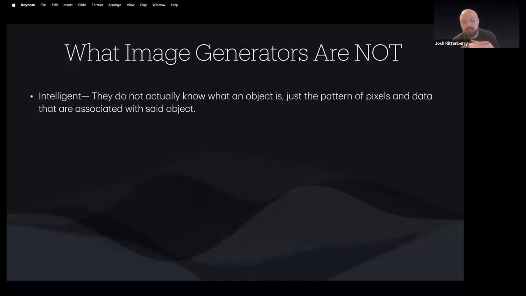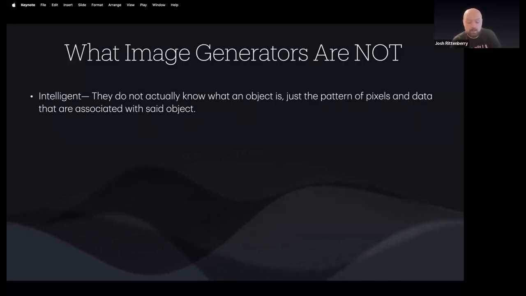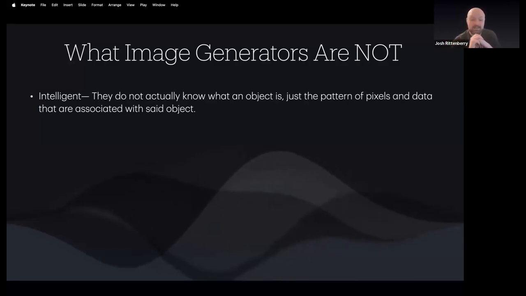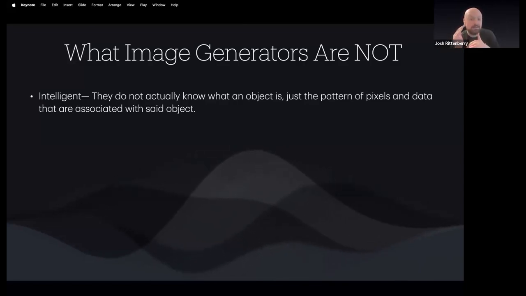They're not intelligent. And the way I say that is, if we see a picture of a cat, we know, hey, this is a cat. This is what a cat looks like. Whenever the models are fed that picture, and they will see the text on it says it's a cat, the alt text, the description, but it sees a cat as an assortment of pixels in this general pattern.